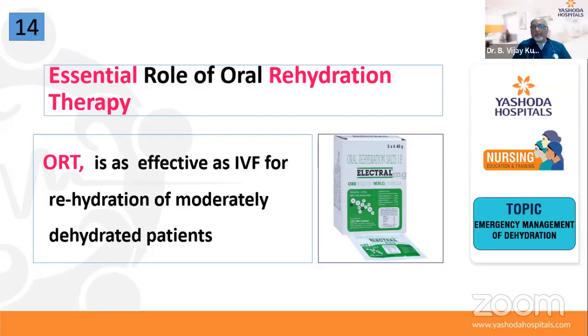Once it became available even in primary health centers and most rural settings, if the child is able to drink without much vomiting, initial therapy with oral rehydration has saved a lot of lives. It has become the lifeline of initial dehydration treatment, especially in children.